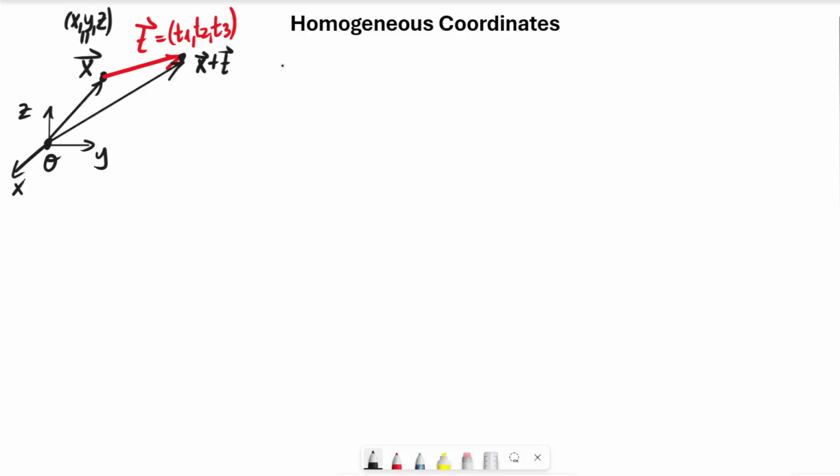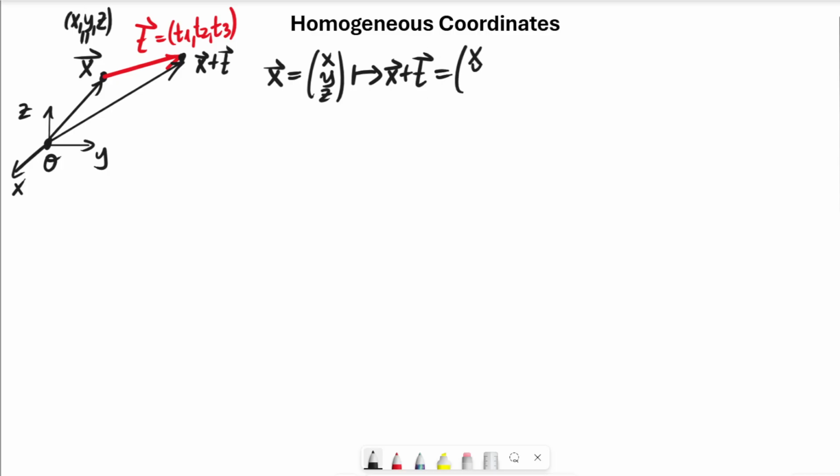So let's simply write down what's going on here in mathematical formulas. So we have our point X, and this is mapped to X plus t. So we move the point X by the vector t. So the coordinates, the new ones, you just add.